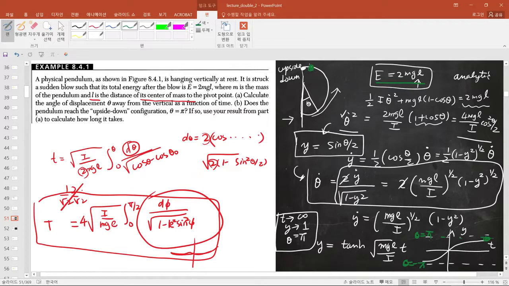So in this parameterization, the elliptic integral of the first kind has an exact solution.